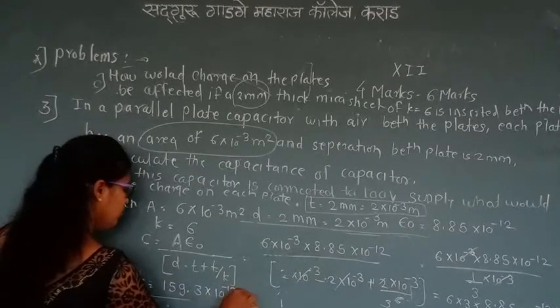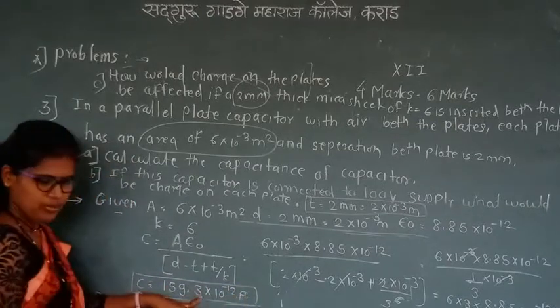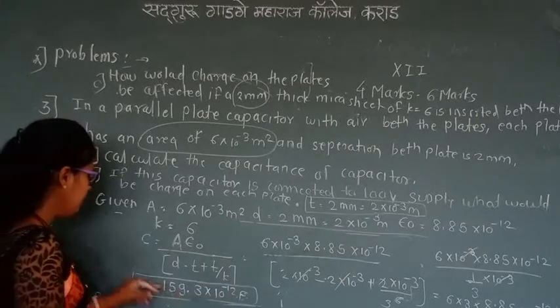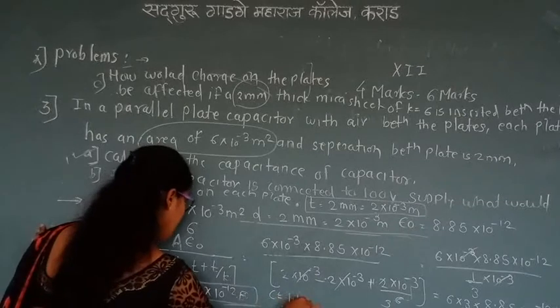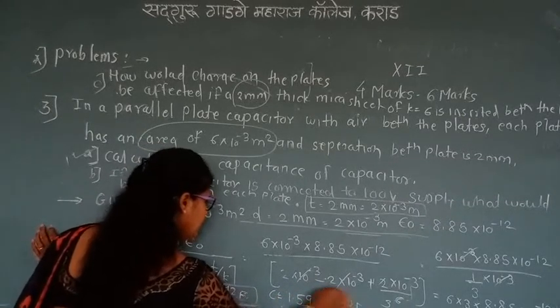Sorry, Farad, not coulomb. This value we have to convert. C is equal to, one more answer, 1.593 into 10 raised to minus 9 Farad.